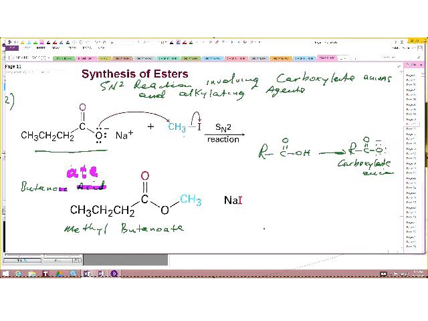Another example of this, you could have this here, react with sodium hydroxide in order to form the carboxylate anion.